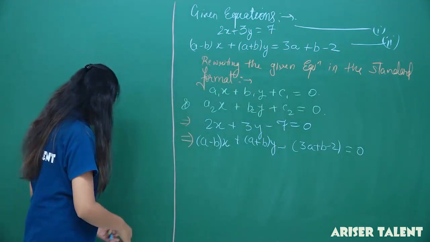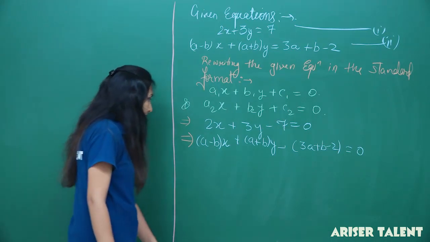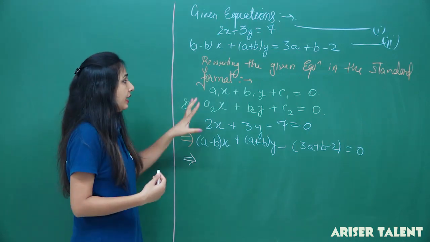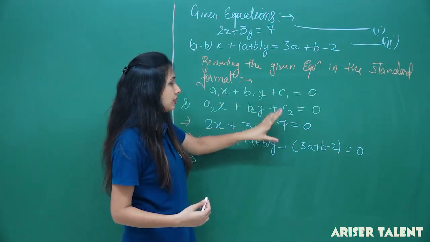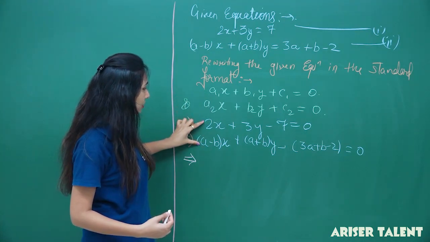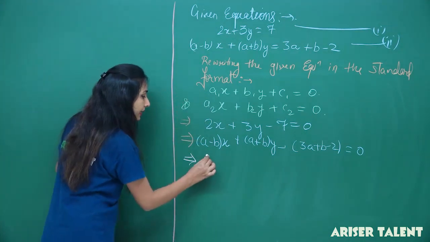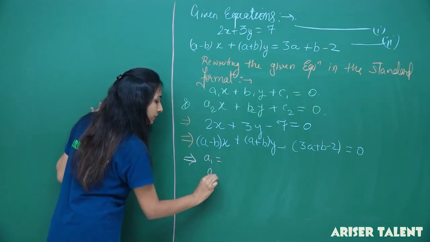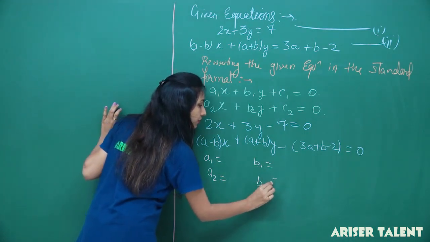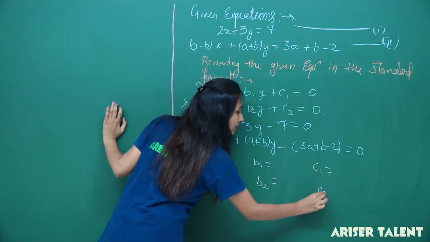Now students, if you compare these pairs from this system of equations, you will find a1, a2, b1, b2, c1 and c2.